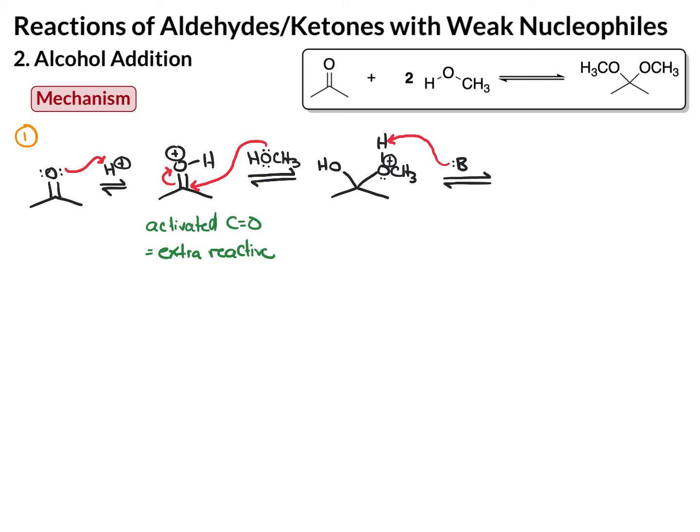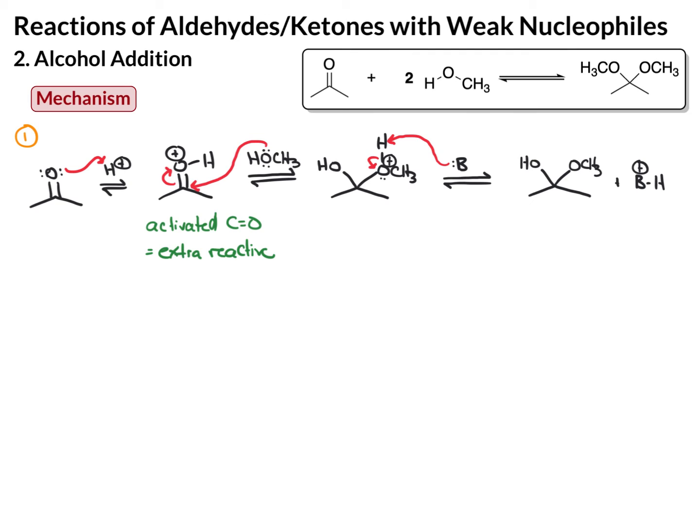The base will come and take this proton and put the second lone pair on the oxygen. I'm going to leave those lone pairs implied, plus we get the BH+. So that's how we get the hemiacetal.